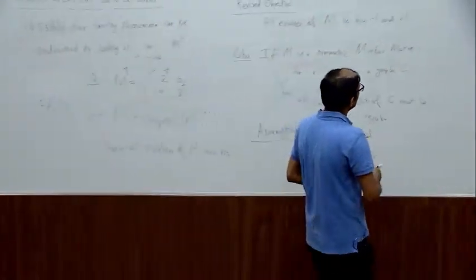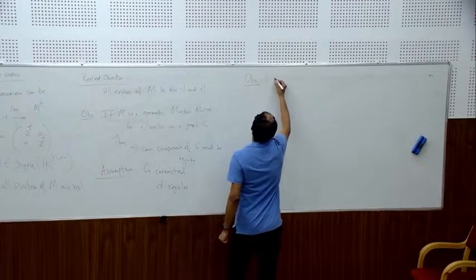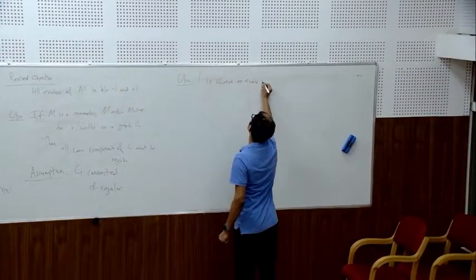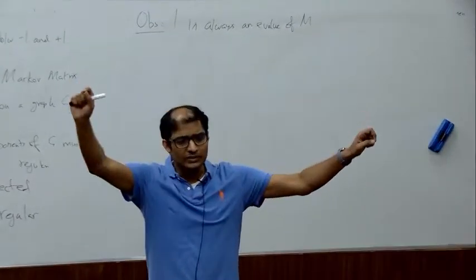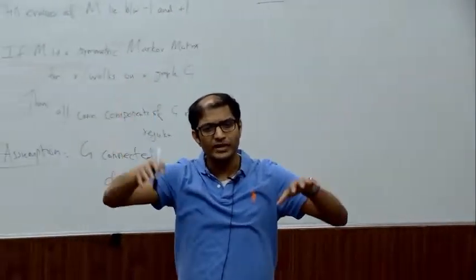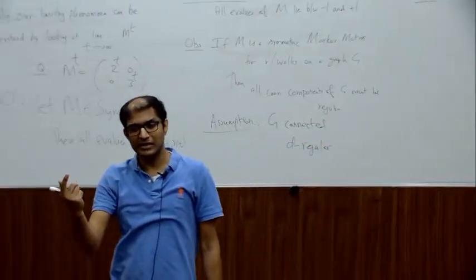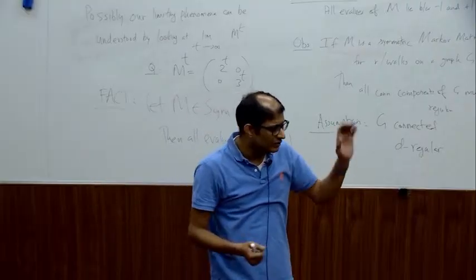So here is the observation that the number 1 is always an eigenvalue of a Markov matrix. And why is that? All rows of M add up to 1. So if you multiply M by the all-ones vector, what do you get? Lambda, which is equal to 1, times the all-ones vector back. Alright, so 1 is always an eigenvalue.